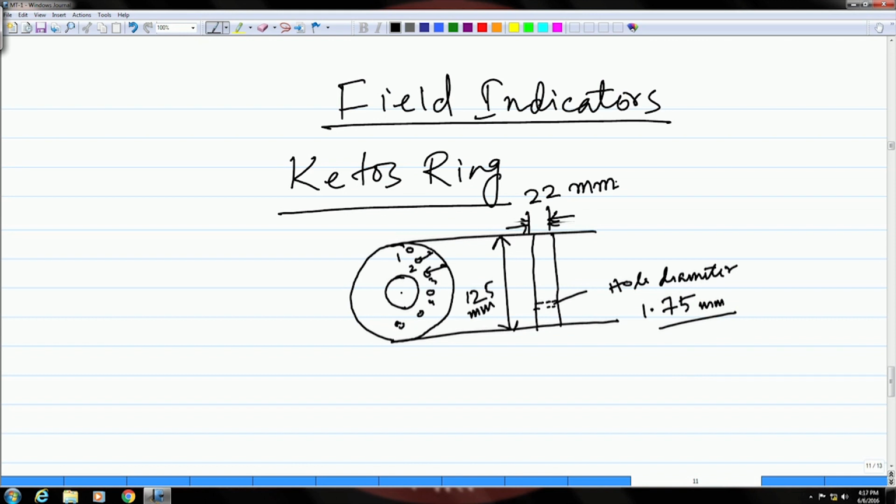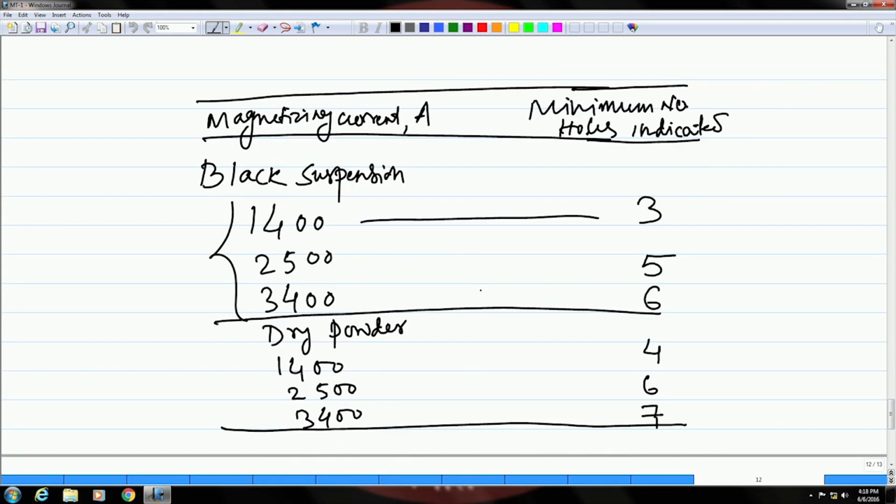This is in the form of a ring having a central hole, and when you magnetize this ring, it has smaller holes along its circumference, numbered 1, 2, 3, 4 and so on. Depending on how many holes are indicated by the magnetic particles when you apply them on this magnetized ring, you can say whether the magnetizing current being applied is enough or not.